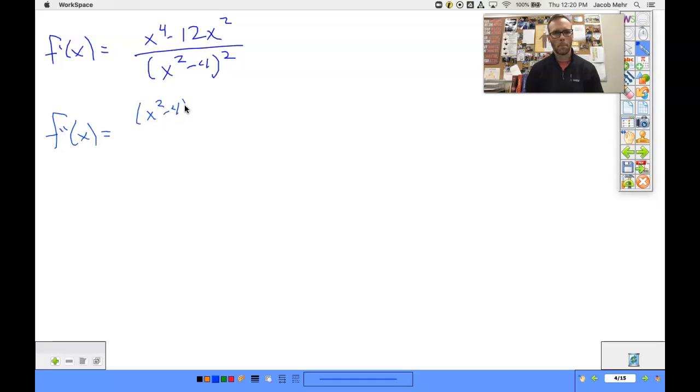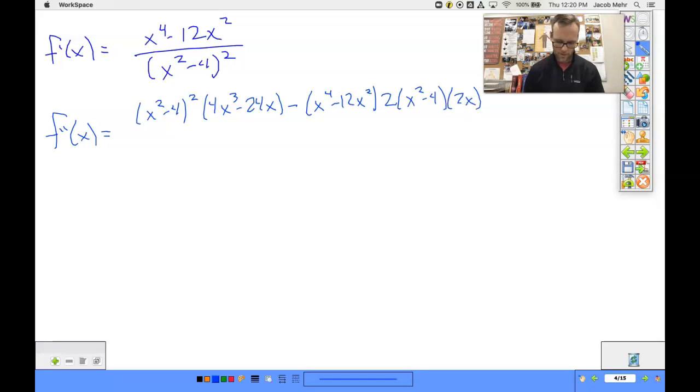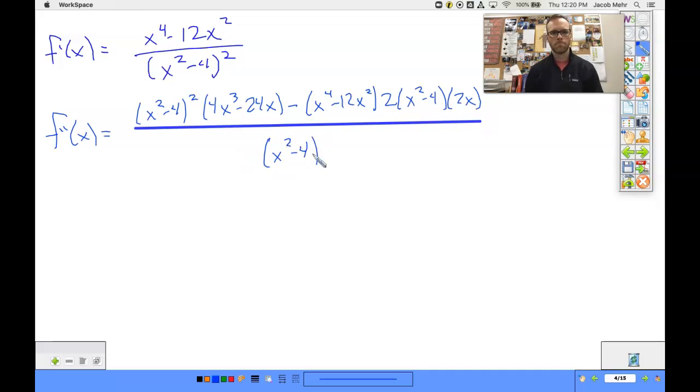Bottom, d top, minus top, d bottom, chain rule. Don't forget the derivative of the inside is 2x over bottom squared. So that'd be a 4th.